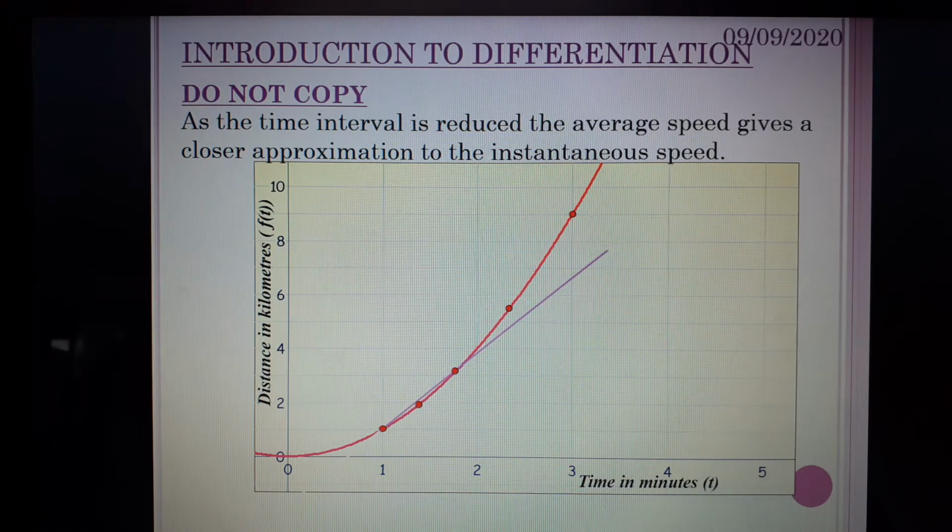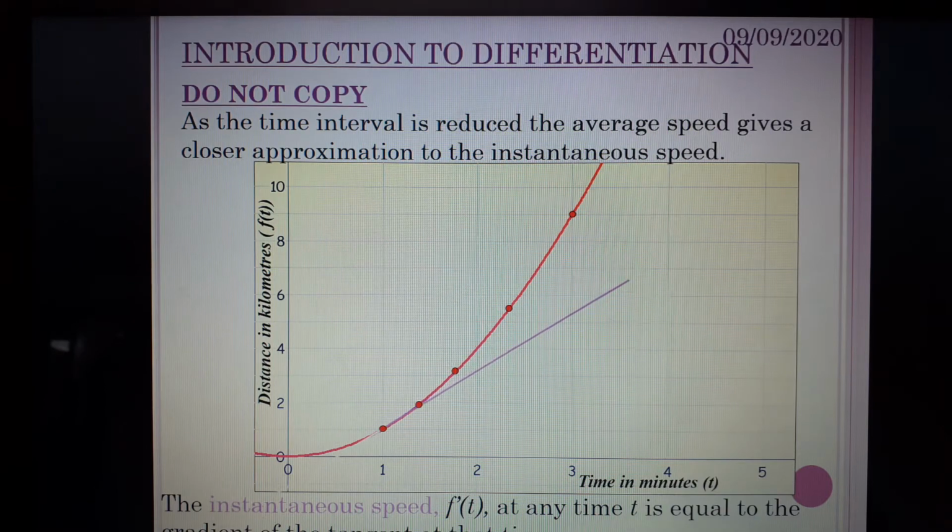And the closer and closer we get, the more the gradient of the straight line is similar to the gradient of the curve. And that's going to allow us to eventually find the instantaneous speed. We call that f dashed of t at any time, and it's equal to the gradient of the tangent at that time.